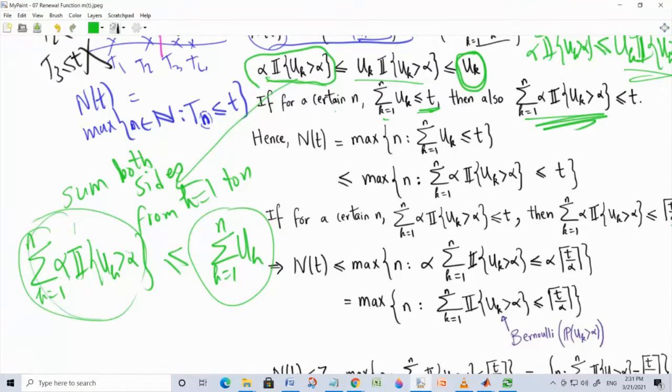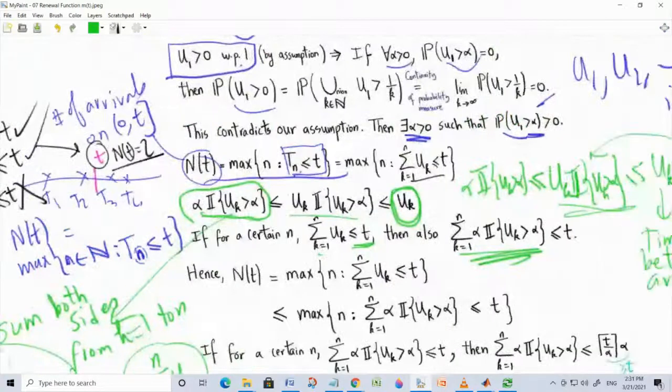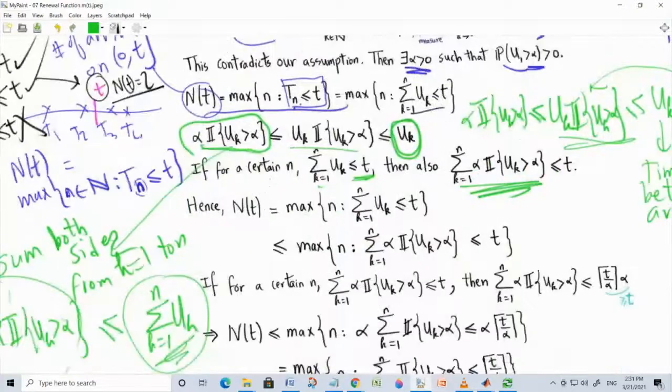This can be less than or equal to t while the sum of the U's is not. So we can upper bound the maximum n by the maximum n here, replacing this summation by this summation. Why? Because this summation is less than or equal to the other one.